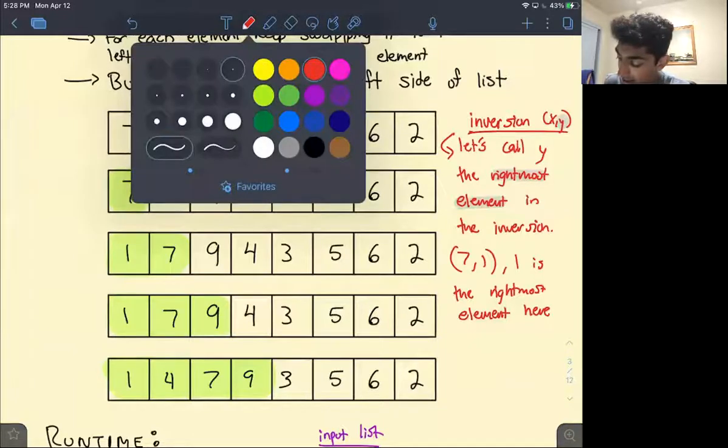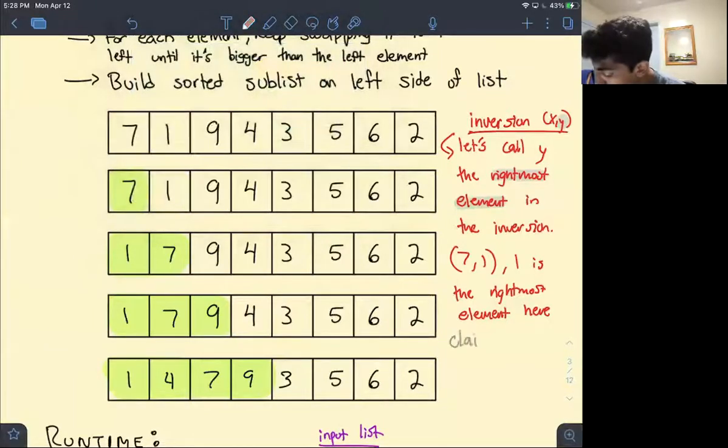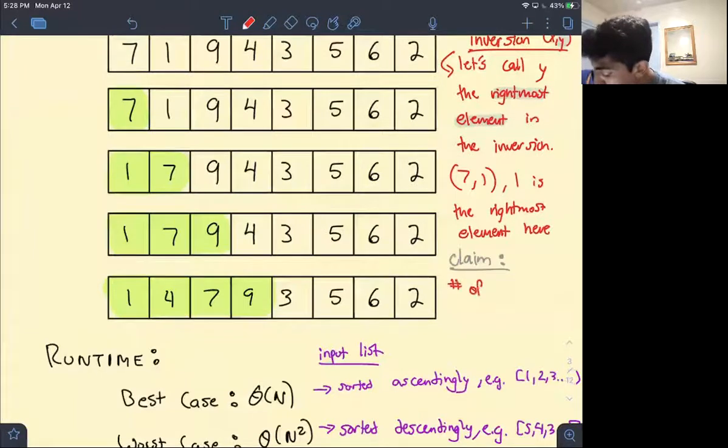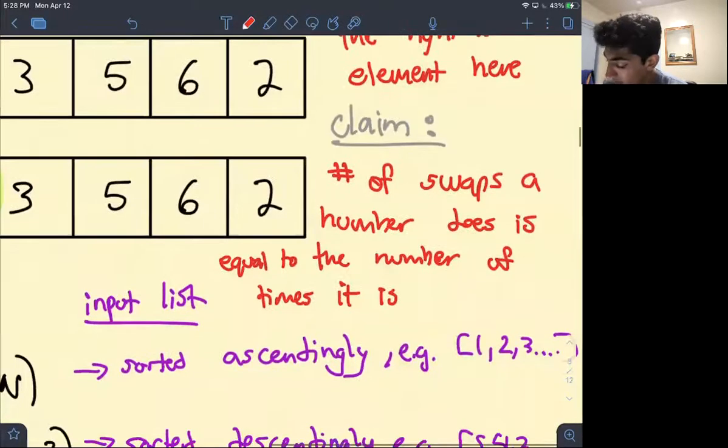So my claim is that the number of swaps a number does is equal to the number of times it is the rightmost element in an inversion.